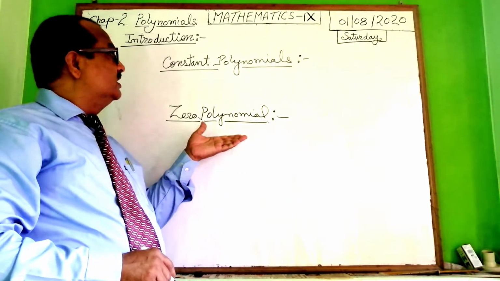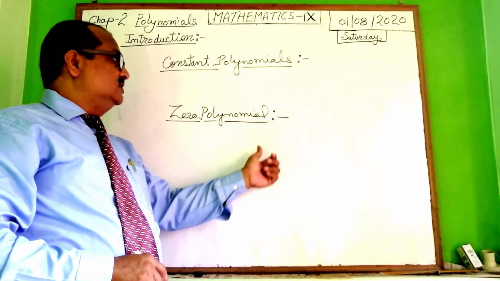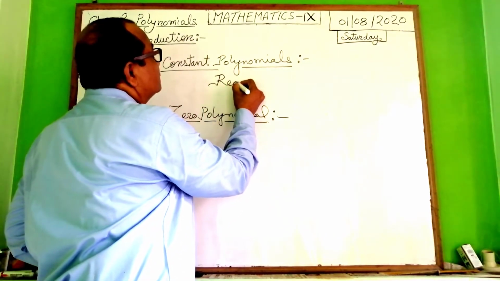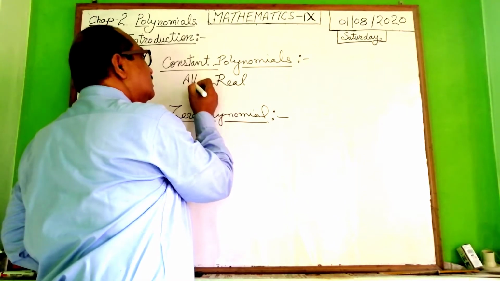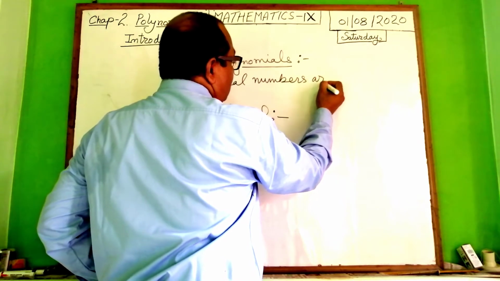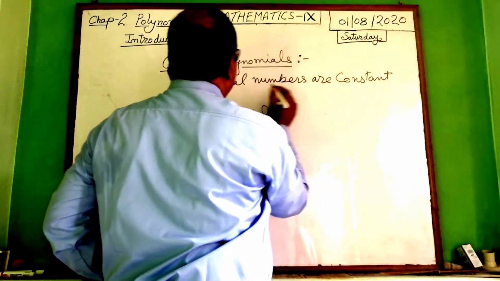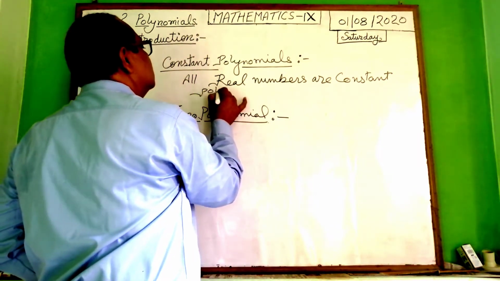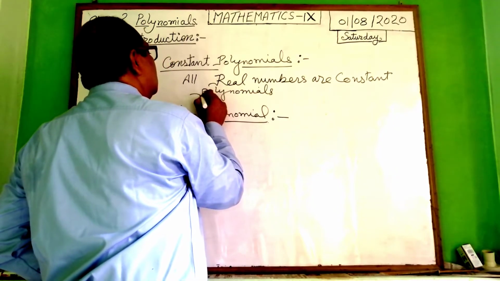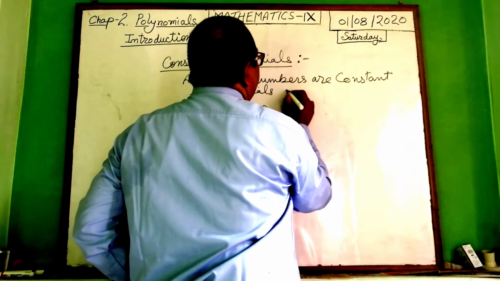See two more things. One thing is constant polynomials and another is zero polynomials. You know students, there are so many real numbers. All real numbers except 0 are constant polynomials.